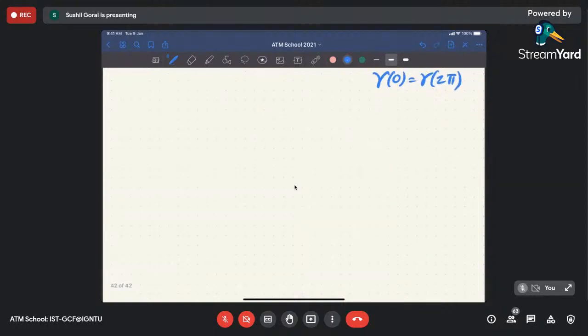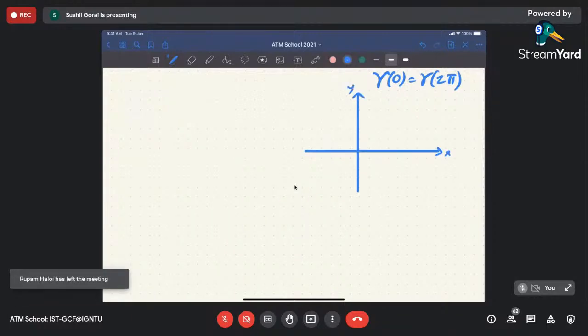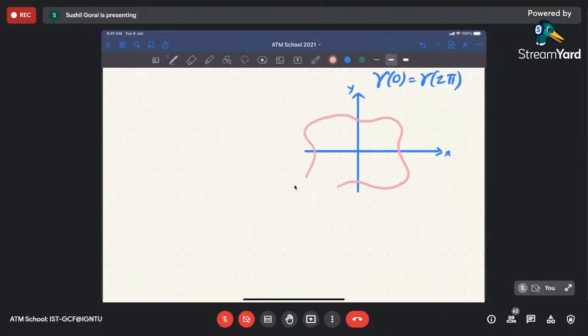So if this is the coordinate system, xy, you have some curve like this.